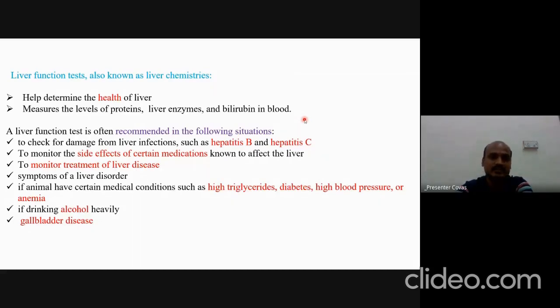If you are giving treatment, it may be important to monitor the side effects of these drugs on the liver, right? So that's why we can use this liver function test.